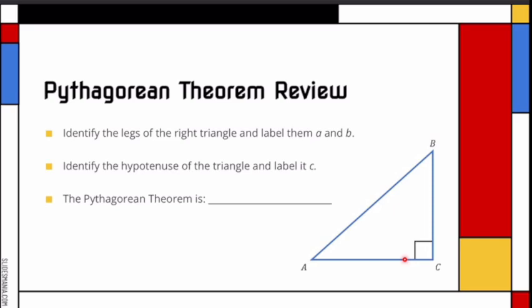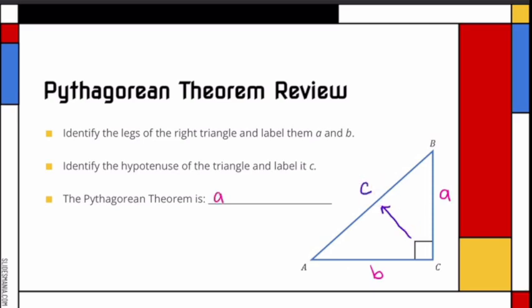Over here, just a quick review. We're going to identify the legs of our right triangle and label them A and B. Remember, your legs are always the two sides that make the letter L, essentially, if you hold up your hands. So over here, this is side A and this is B. And we're going to identify the hypotenuse and label it C. As always, for the hypotenuse, look for the right angle, go to the side that is right across from the right angle, and this is always going to be C, okay?